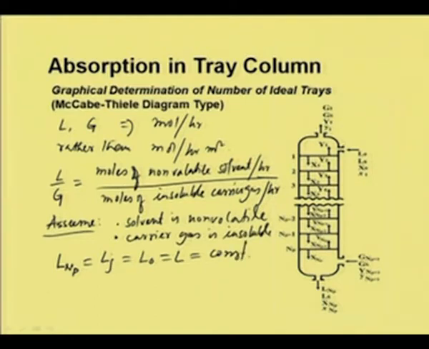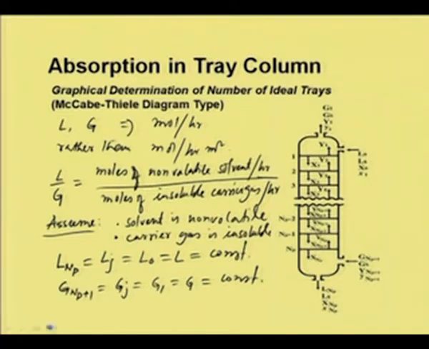Similarly, if we do the mass balance for carrier gas, then GNP plus 1 would be Gj, would be G1, would be G, equal to a constant.